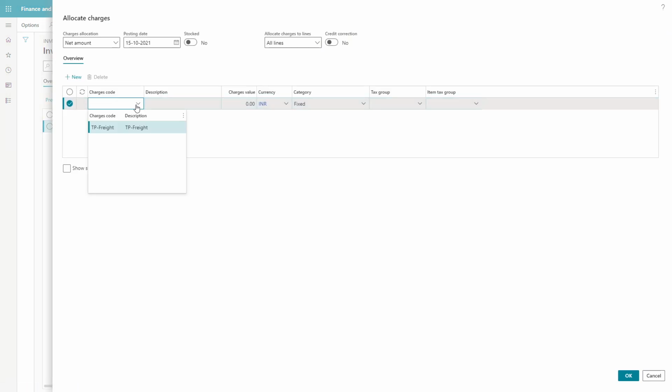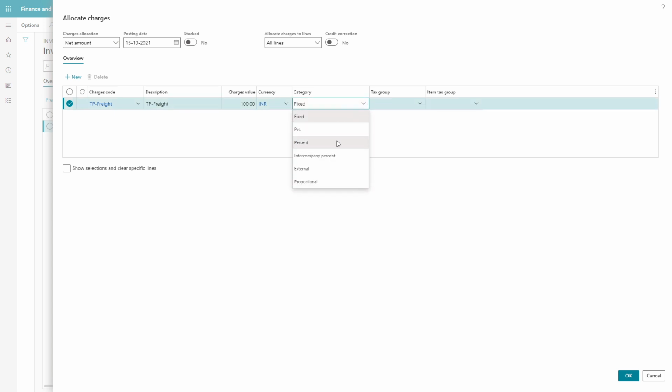So this list will show only charge codes which are created with definition of debit inventory and credit ledger. Okay, I'm selecting this. I want to load 100. How you want to load, pieces or percentages? So I'm saying fix.